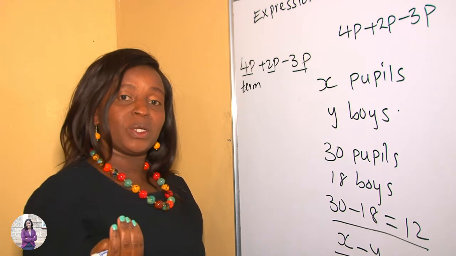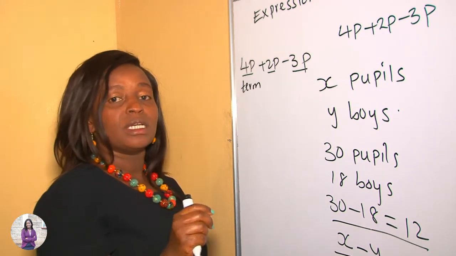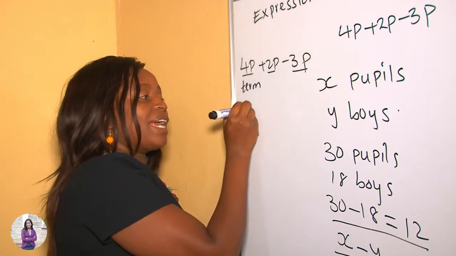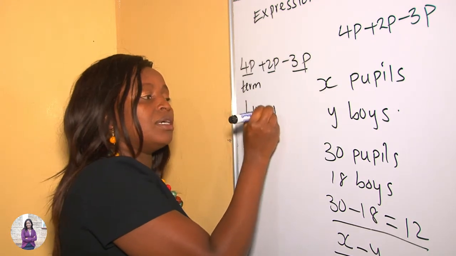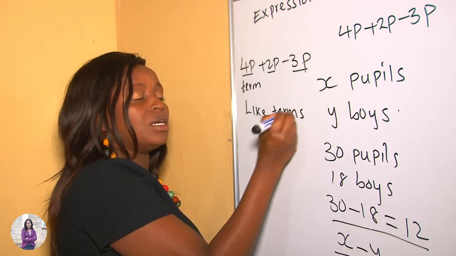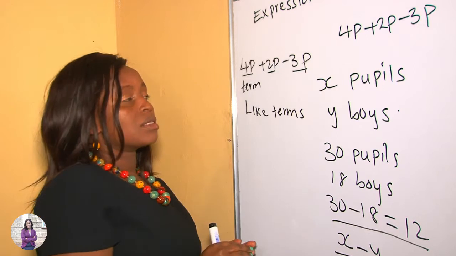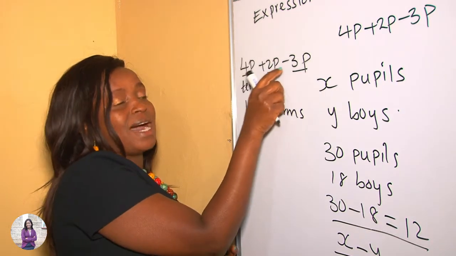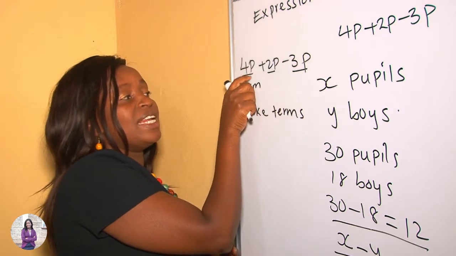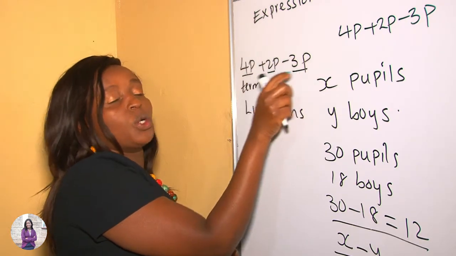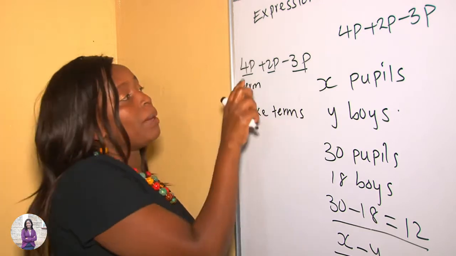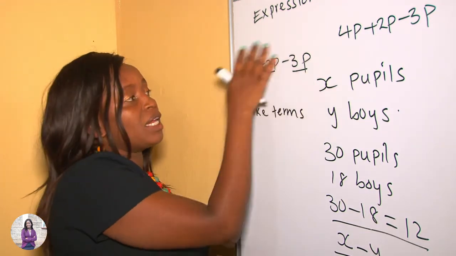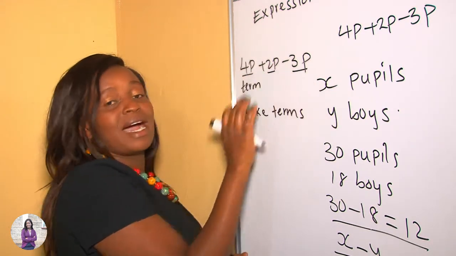The next thing that you need to understand is like terms. Like terms means, if you look at this question, the terms are alike because the letters in this question are the same. We are using p, p, p, meaning all these are alike.